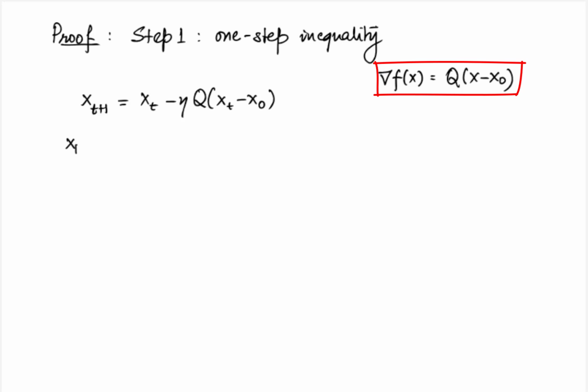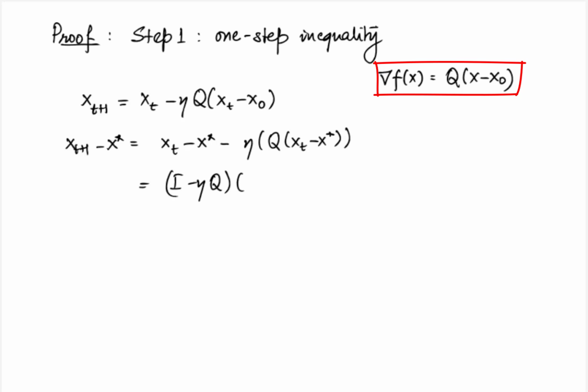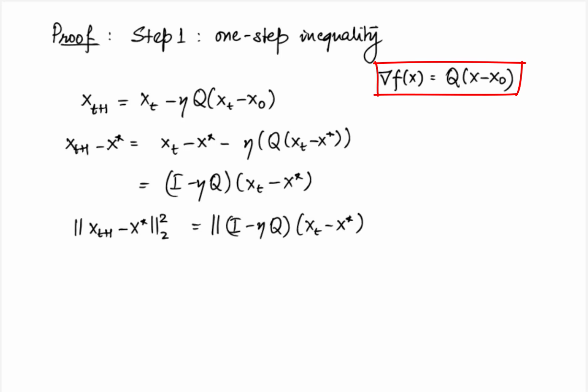So we have that x_{t+1} minus x star equal to x_t minus x star minus eta Q times (x_t minus x star). So the right hand side can be written as (I minus eta Q)(x_t minus x star). Now take L2 norm square on both sides to get the norm square of x_{t+1} minus x star equal to the norm square of (I minus eta Q)(x_t minus x star).